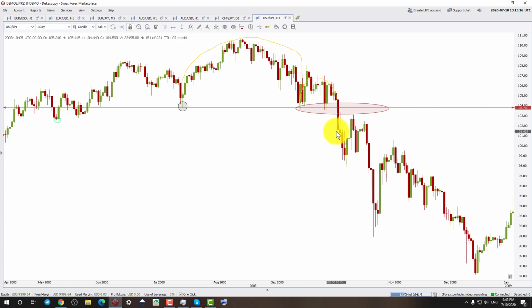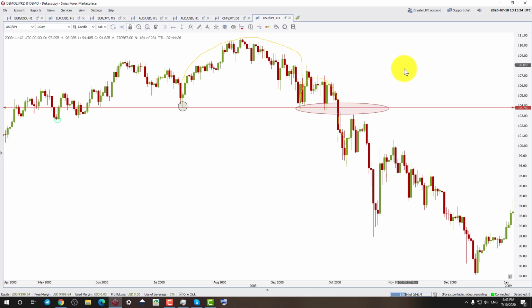If you open a position here and the price starts going upwards, then you will be keeping a bag in your hand for a very long time. It may come back and it may not come back. It can keep going upwards also.